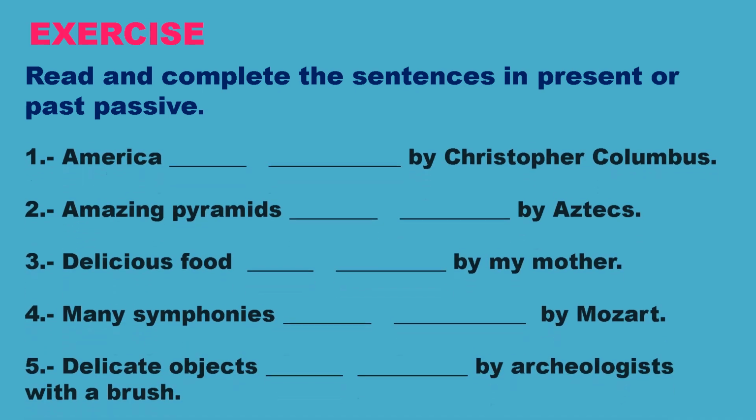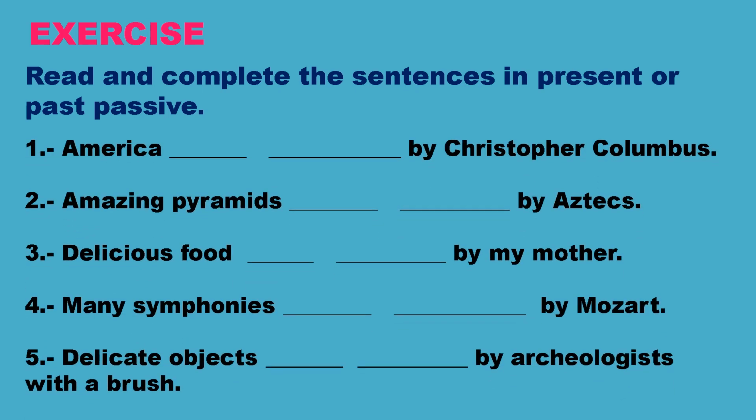Okay, pay attention to the exercises. Check, in some of them we are talking in past, and some of them we are talking in present. But what could be the correct verb to be and the correct verb in past participle? Remember, you have two charts. You can check to choose the correct verb, okay? Always in past participle.